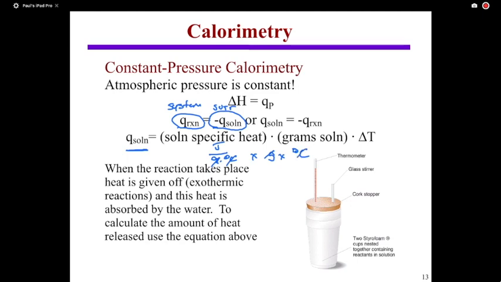You will get a value of energy in joules, and then it will be either negative or positive depending upon what you're looking at. Okay? So 3 numbers multiplied together: the specific heat times the grams of the solution times the change in temperature.